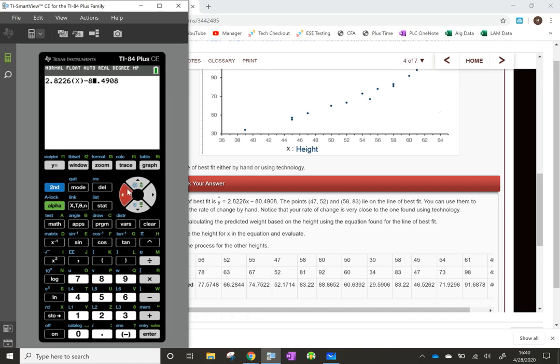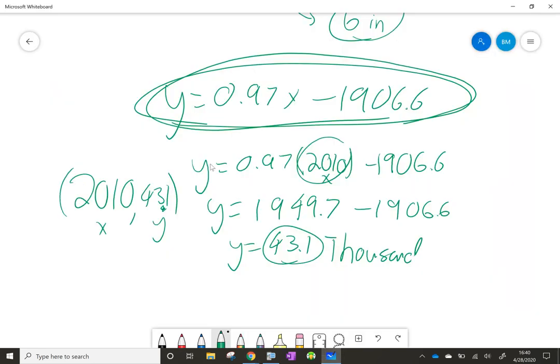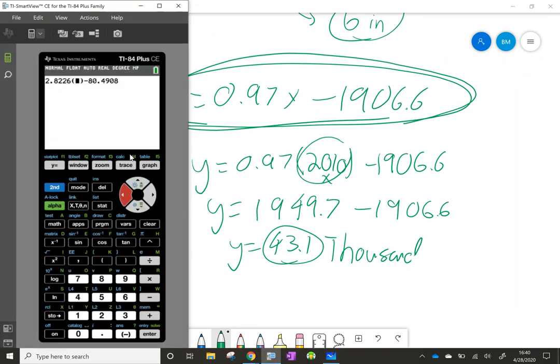But of course, if you plug in certain values of x, like for example the first value at 56, you can see it here, at 56 inches height, we know the real weight was 78. But using our equation, what does our equation give us? Let's type in 56. I'm going to insert 56 in for x, and we're going to calculate it.